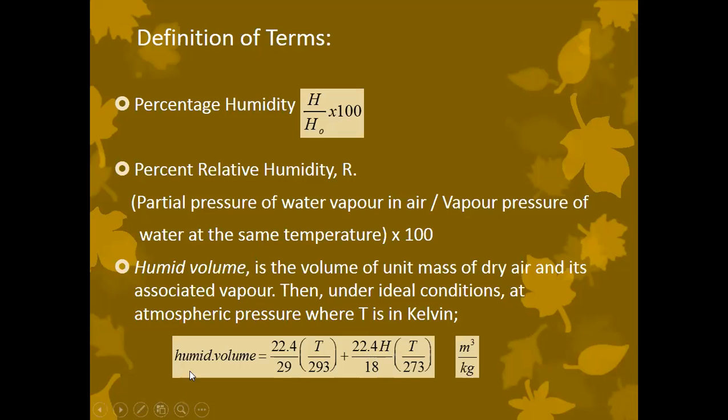Then you will be able to get the humid volume of the mixture of your air and water vapor. So given the humidity and the temperature, you need not have it read from the psychrometric chart, because using the formula is much more accurate, of course, than having it read from the psychrometric chart. So that's in the case of the humid volume, or the specific volume.